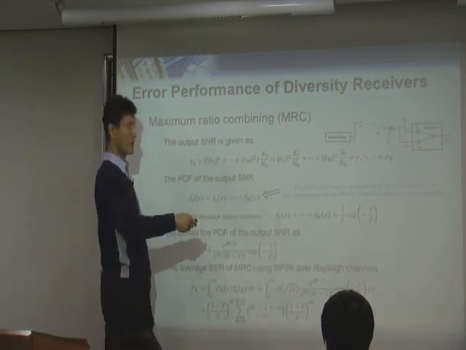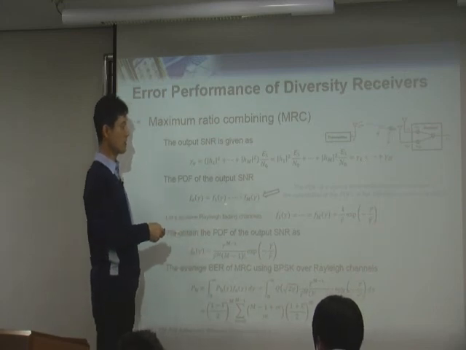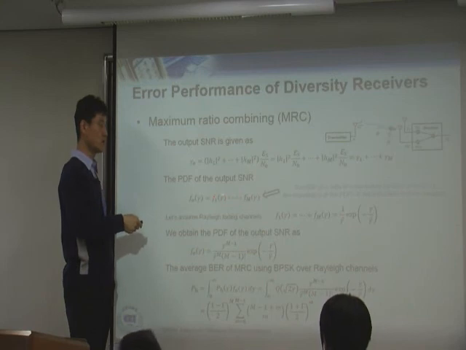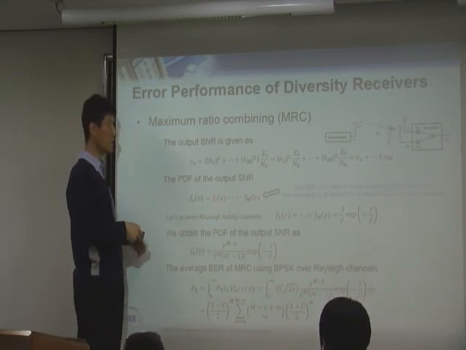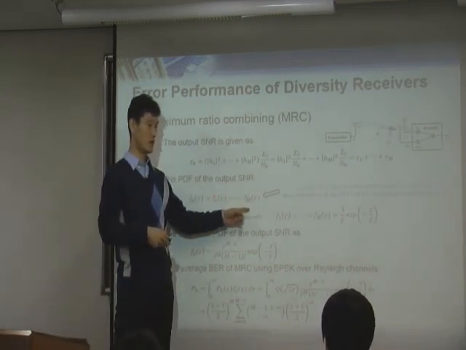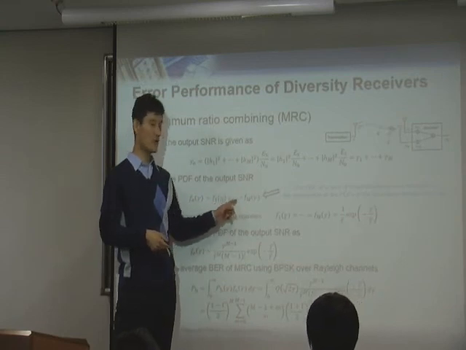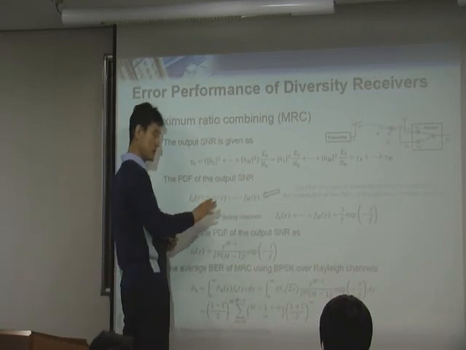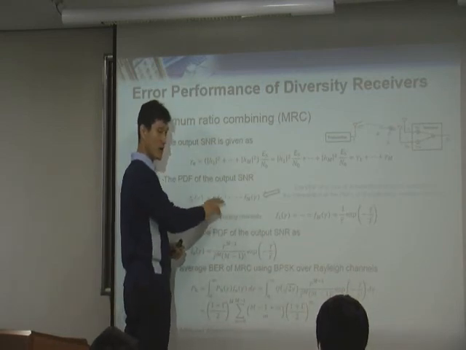As I said earlier, when you add multiple random variables, that corresponds to the convolution of PDFs, right? When you have a convolution of PDFs, or convolution in the time domain, the easiest way to calculate the convolution is to take the Laplace transform. So let's suppose that these are time domain signals.